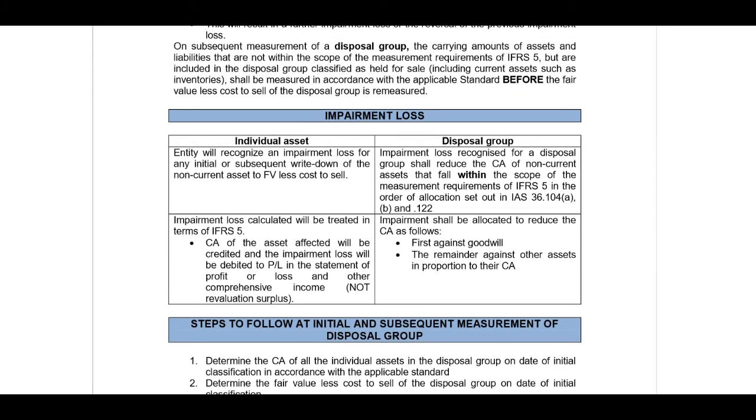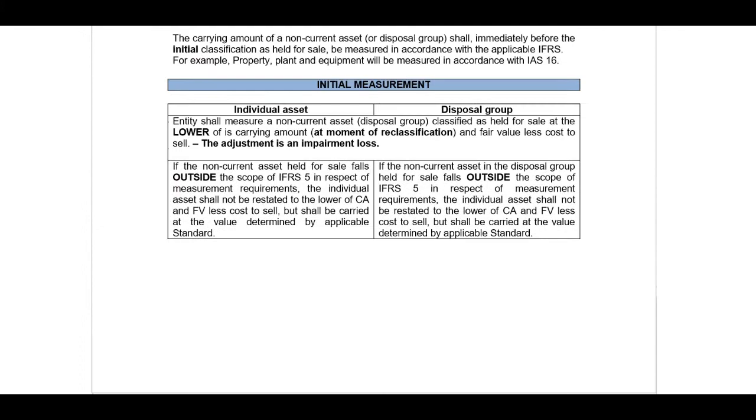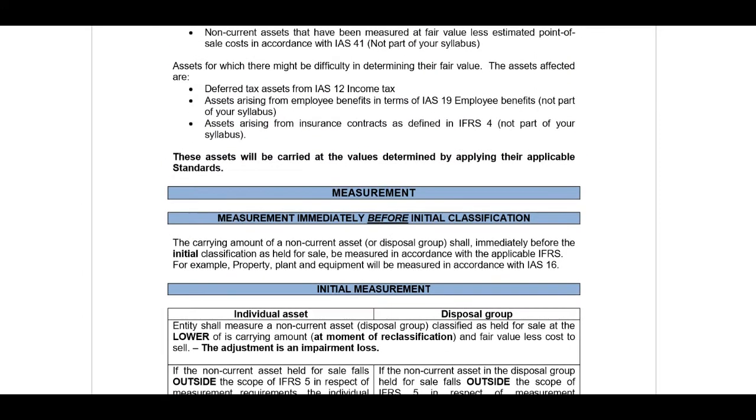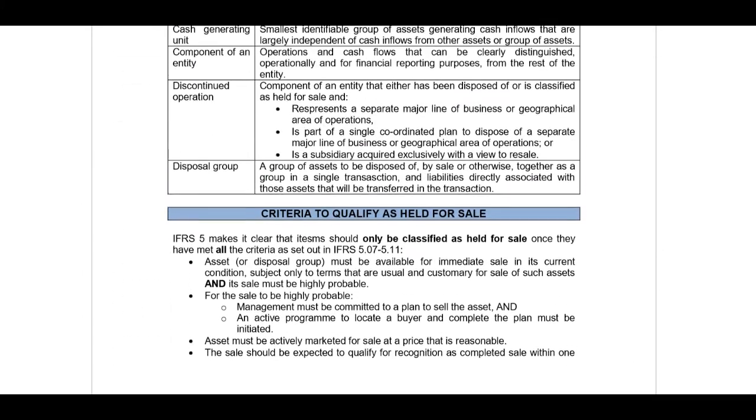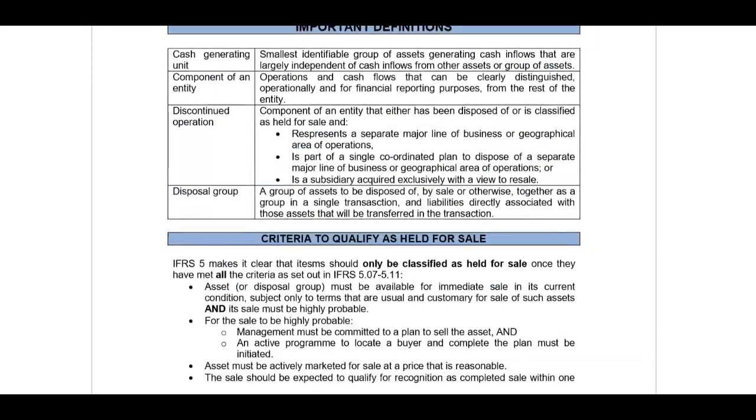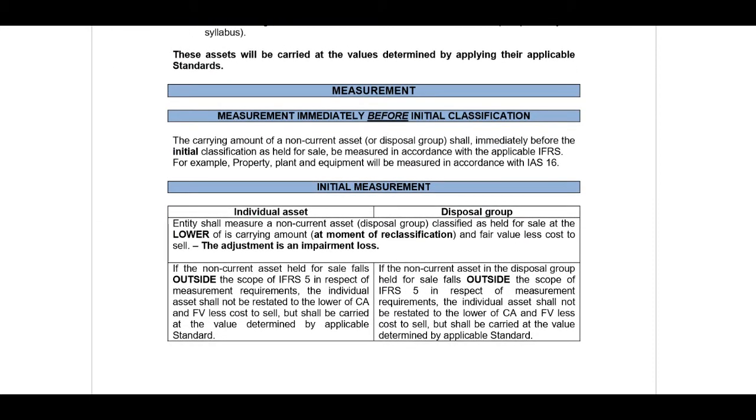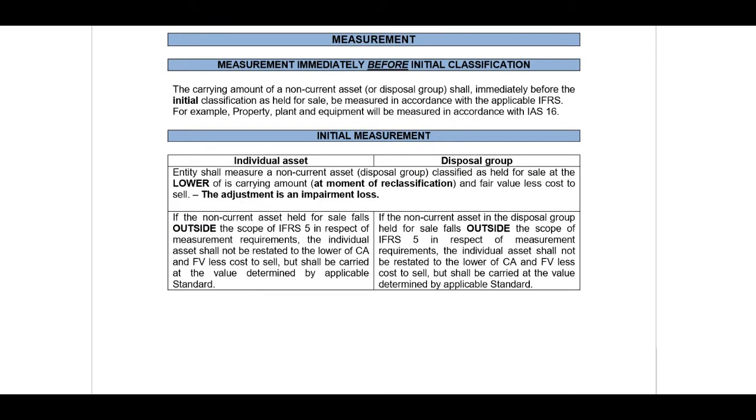But what I want to indicate to you is that we will have to recognize our, just look at this, you need to please work through this on your own. We will have to identify our measurement. Remember, again, identify the difference between initial measurement and subsequent measurement.